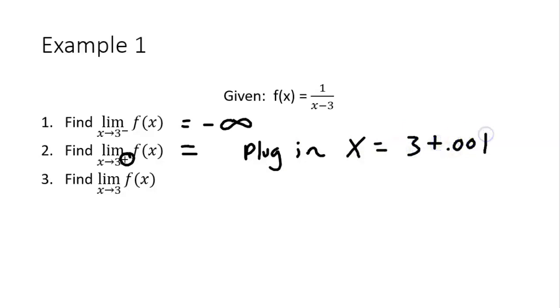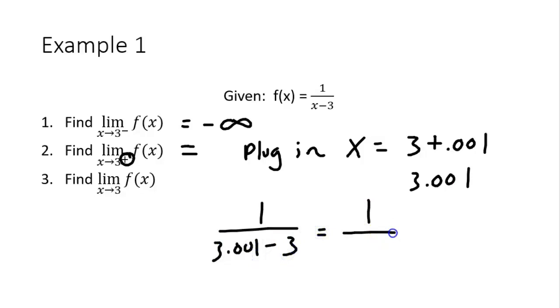And this time I'm going to plug in 3 plus 0.001. In other words, I'm going to plug in 3.001. So now let's do that. 1 over 3.001 minus 3. Well, that's 1 over 0.001. And if I do that division on my calculator or maybe in my head, I get a +1000.